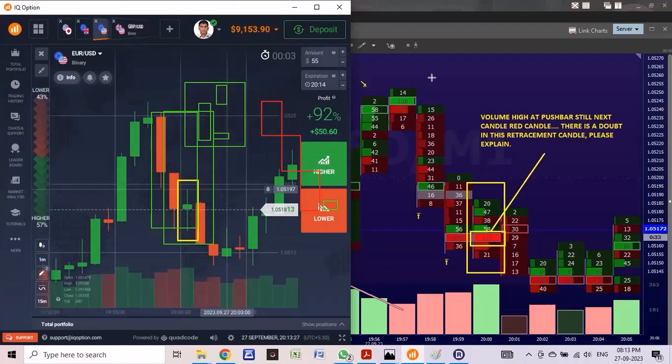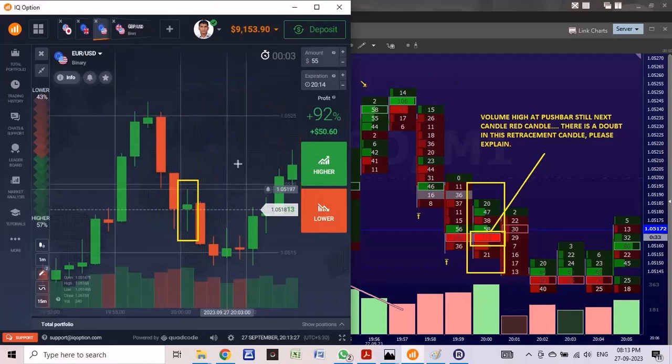Okay, so when you write, try to understand. Suppose the market strongly falls down like this. This is the first reversal, again the market falling down like this.